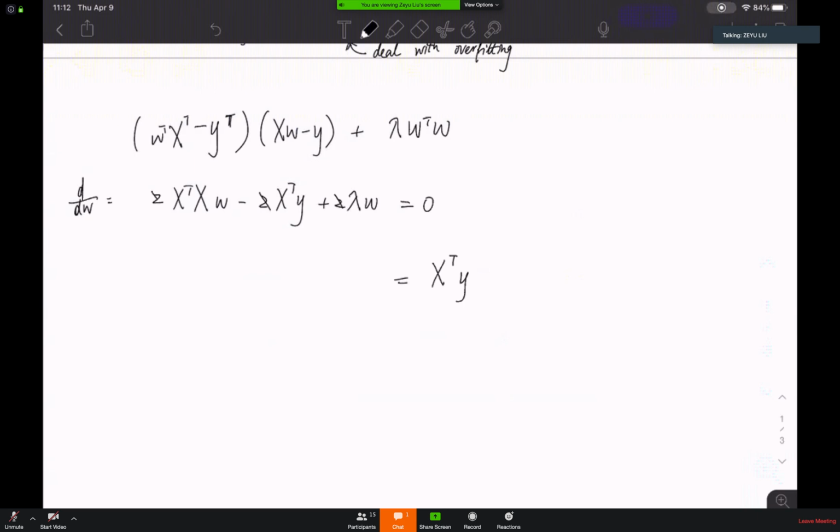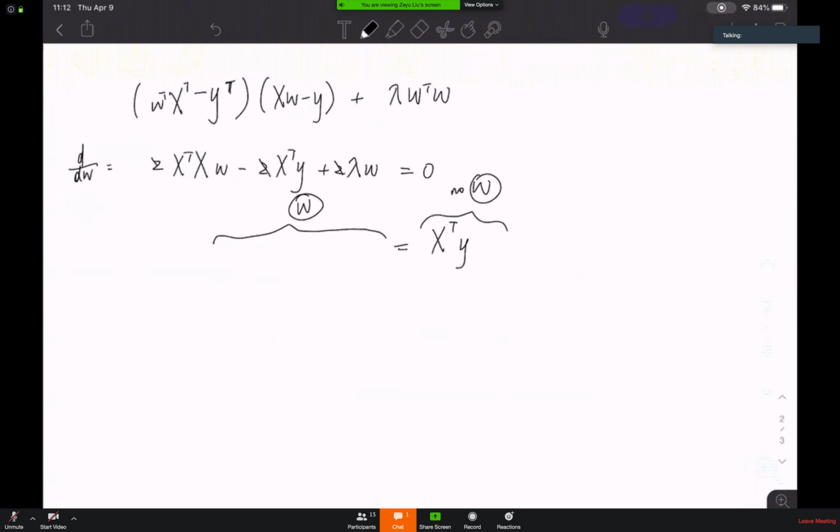So we want to have all the terms that have W on this side, and no W on this side, such that we can simplify, and that's the typical way you would do calculus or algebra.